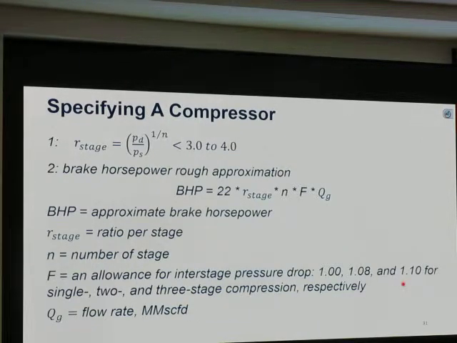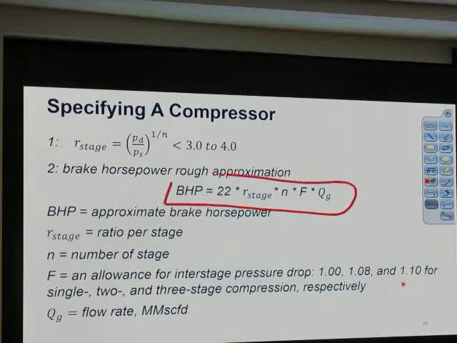How do we size the compressor? We do like what we did last time. Okay, we have this equation. Number one is compression ratio less than 3, at most 4. There are several ways, or at least 2 ways, to calculate brake horsepower. You have seen the equation from the theoretical part, right? Here's a new equation, easier: 22 multiplied by number of stages, or compression ratio per stage, multiplied by F, multiplied by QG, then we get brake horsepower.